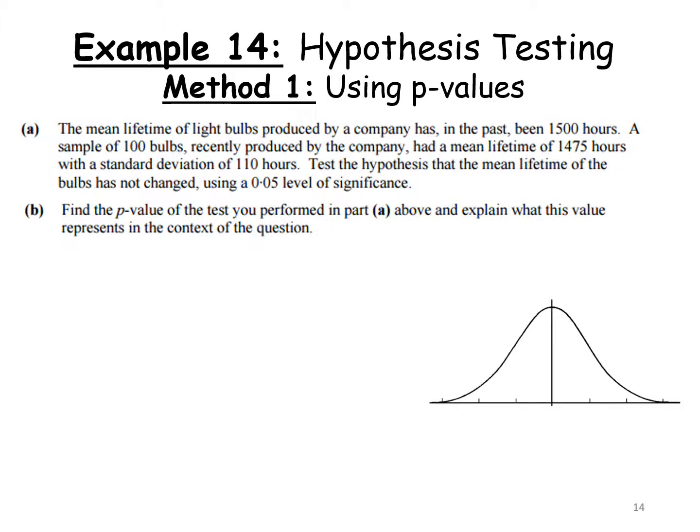That's why it's here. So the mean lifetime of bulbs has in the past been 1500, that is mu, and a sample of 100, that's n, recently produced by the company, has a mean lifetime of 1475, that's x bar, and 110 is my standard deviation. So test the hypothesis.